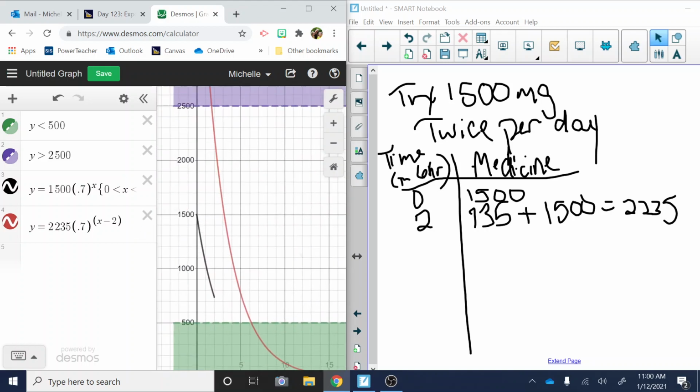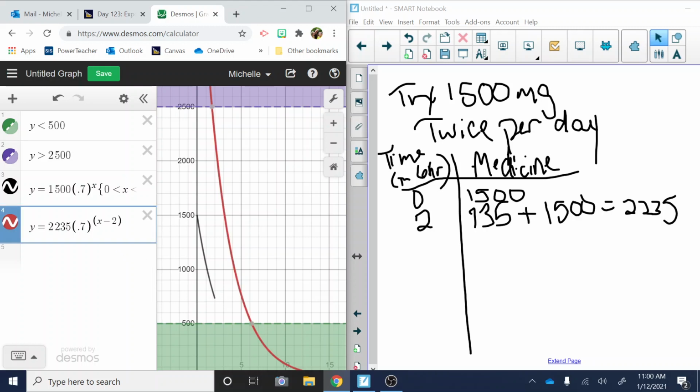However, I need to limit the domain on this one too, because this dose is not going to kick in until the 2-hour mark. So 2 is less than x is less than 4 is when I'm thinking this should end. Actually, I'm going to wait on the ending point for now. If I didn't put an ending point on, you would see the exponential decay graph on here.